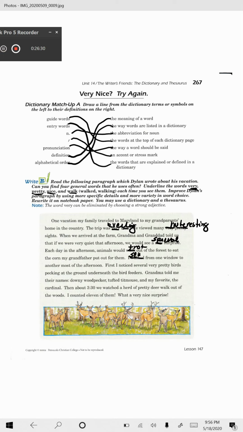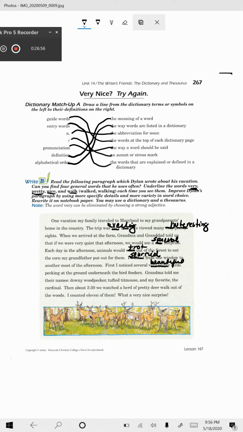Because you're trying not to miss anything. First, I noticed several very pretty birds. How about several beautiful birds? Pecking at the ground underneath the bird feeders. Grandma told me their names: Downy Woodpecker, Tufted Titmouse, and my favorite, the Cardinal.